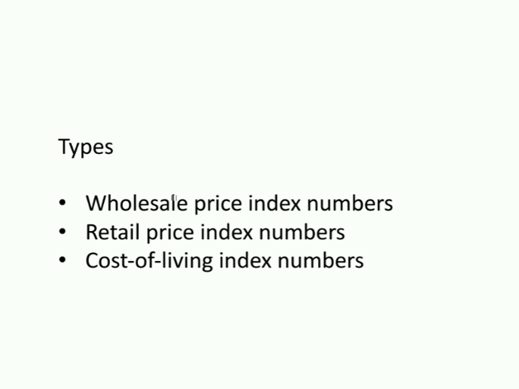Retail price index numbers. These are prepared on the basis of the retail prices of final consumption goods. These are for measuring the changes in the value of money. Cost of living index numbers. These index numbers are constructed with reference to the important goods and services which are consumed by common people.